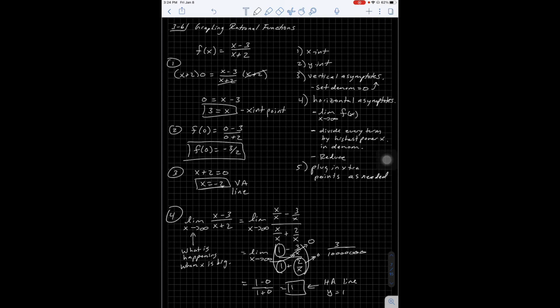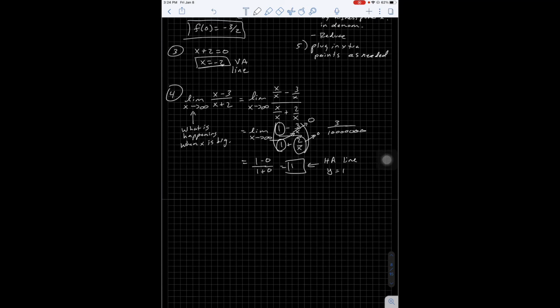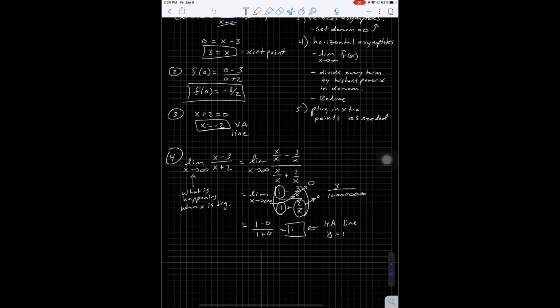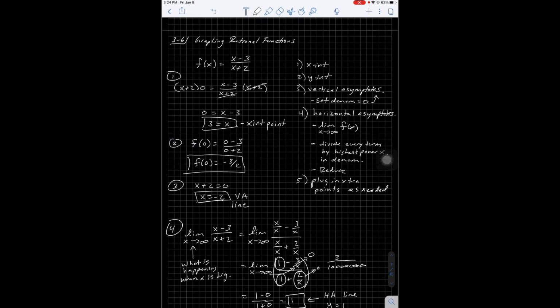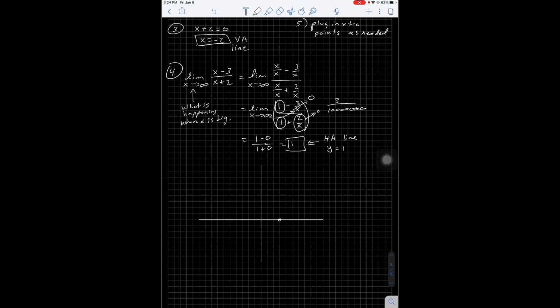Okay, now let's draw and say, what's going on? What does all this mean? Let's draw a picture. So now we're going to graph the function. First of all, my x-intercept is at 3, and my y-intercept is -1.5. So it's going to go through those 2 points.